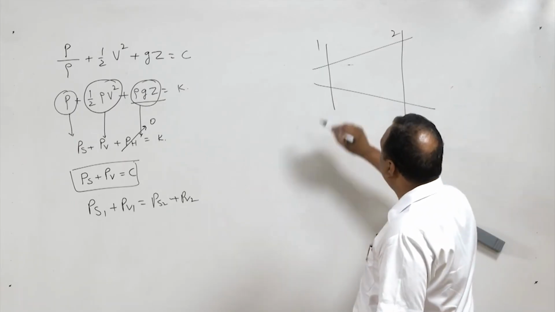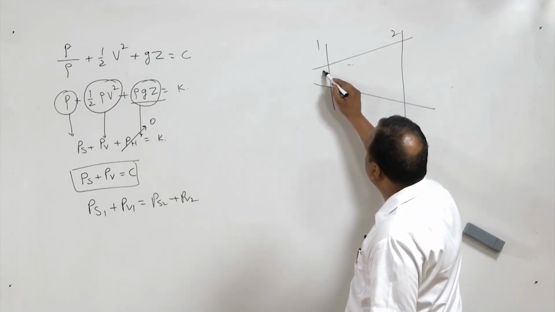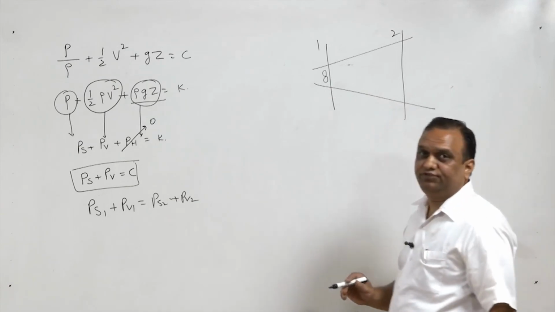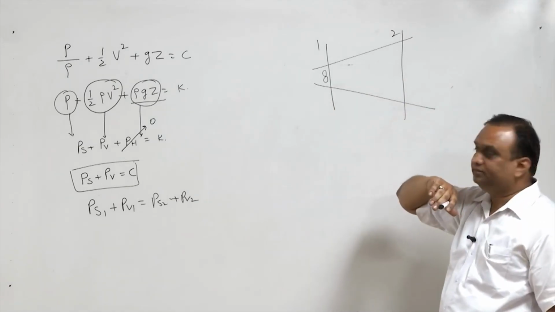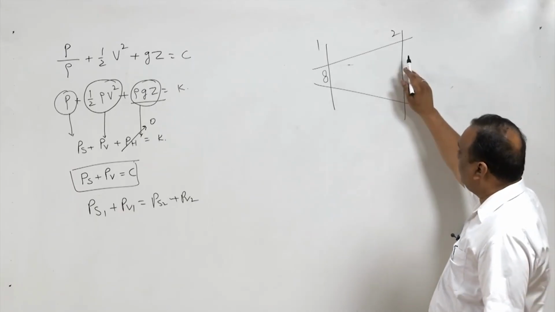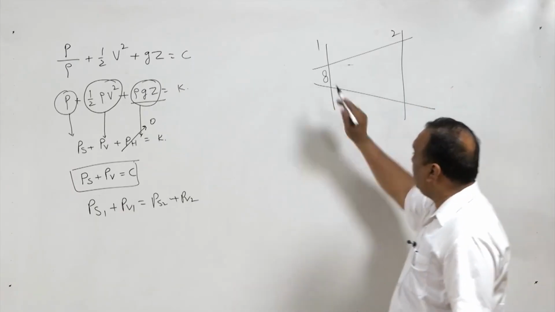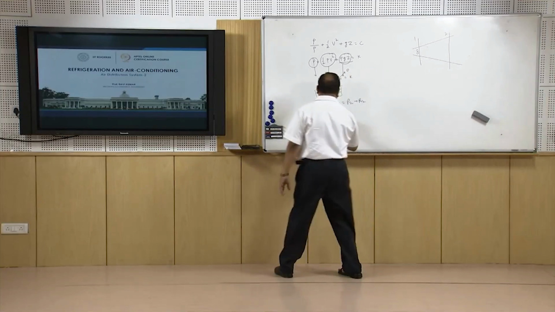But in an actual duct, there is also a fan, which circulates air in the duct, known as the air handling unit. Due to this fan, the fan total pressure, FTP, shall also be added here.